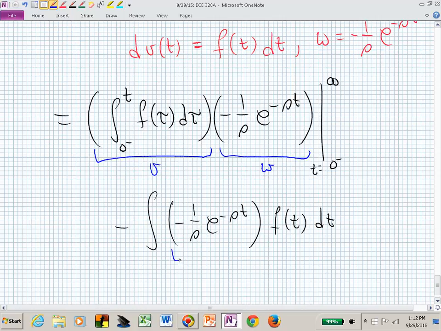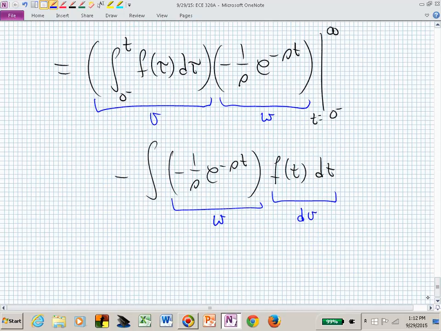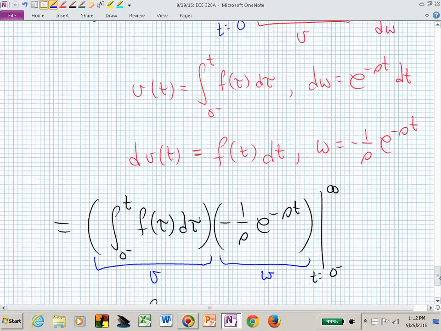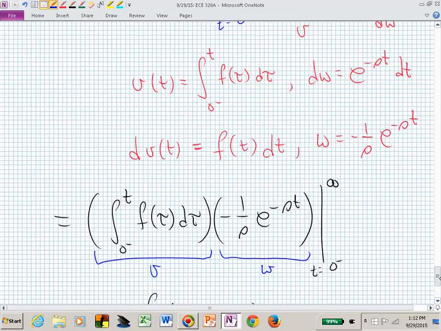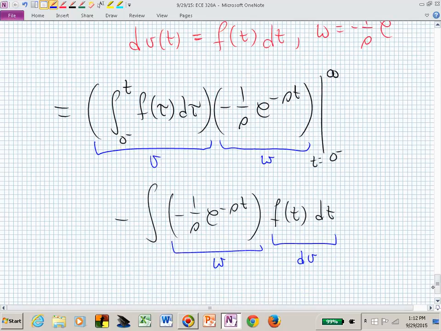Then we have the integral of w dv. That's the integration by parts. We had the integral of v dw to begin with. That's equal to vw minus the integral of w dv.